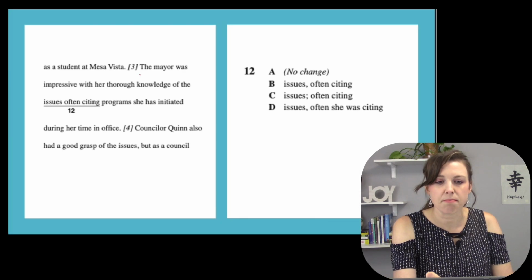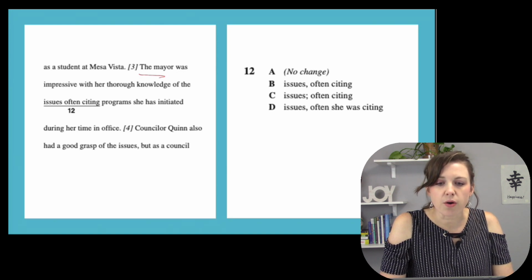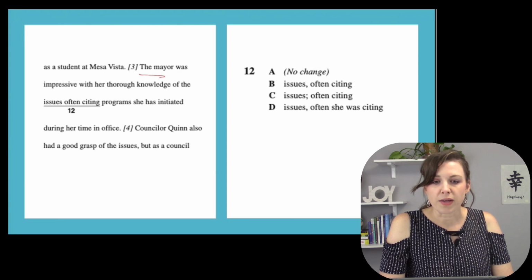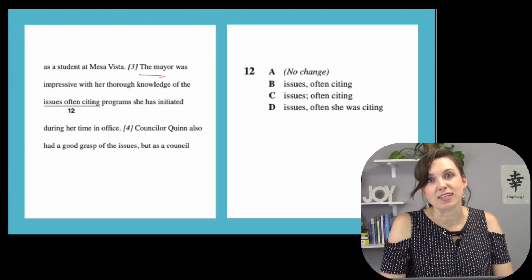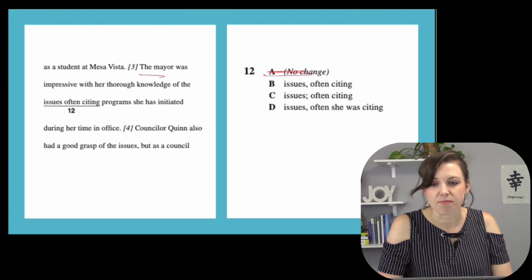So starting with, the mayor was impressive with her thorough knowledge of the issues, often citing programs she has initiated during her time in office. So what we have to do is we have to determine how to have it. Right now, the way it's written, it is a run-on, okay? So we don't really want to have it like that.